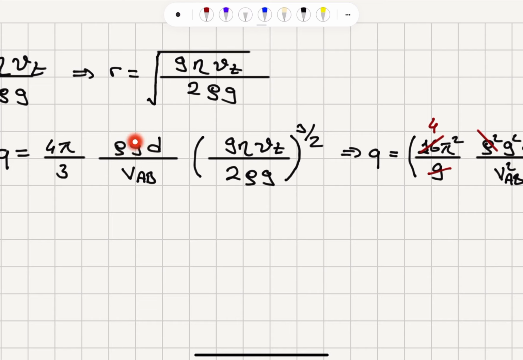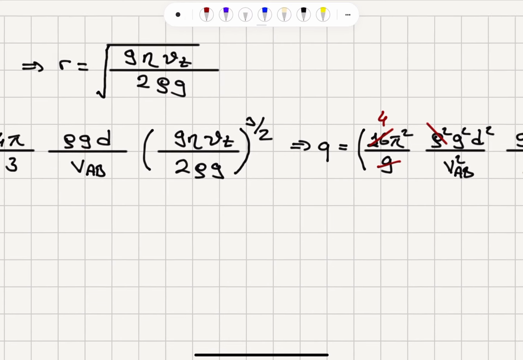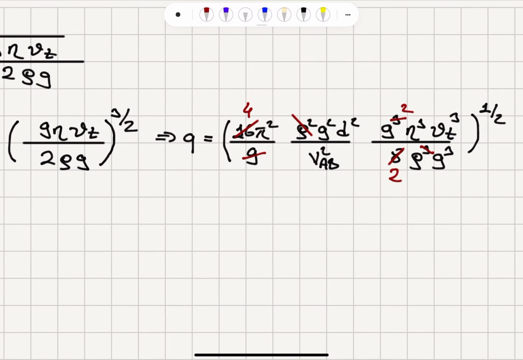Here this is becoming g square, and here I have g cube. So this g square will get rid of this g cube and make it g. All right. So I was just confused. This is 9, but this is g.